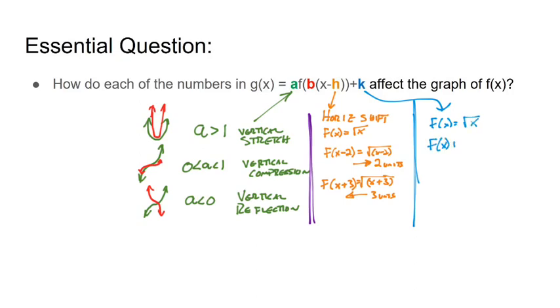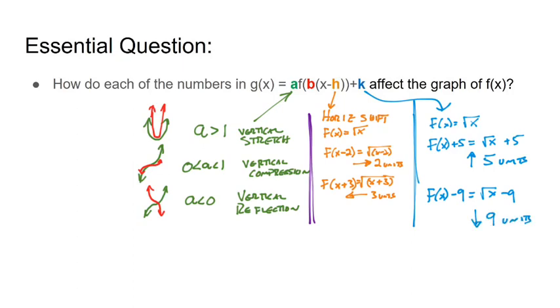If we were to take our square root function and add 5 to it, the square root of x plus 5 out here not in the parentheses, that means we're going up 5 units. Likewise, if you had a minus 9 out to the side, not in parentheses, that means you're shifting down 9 units.